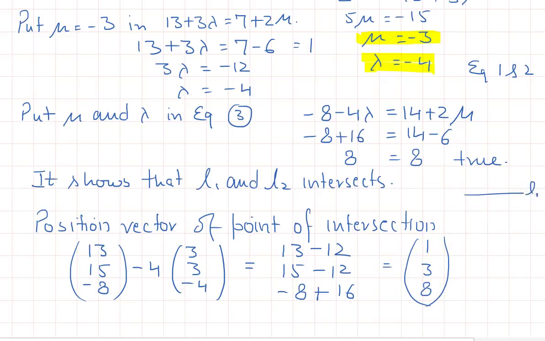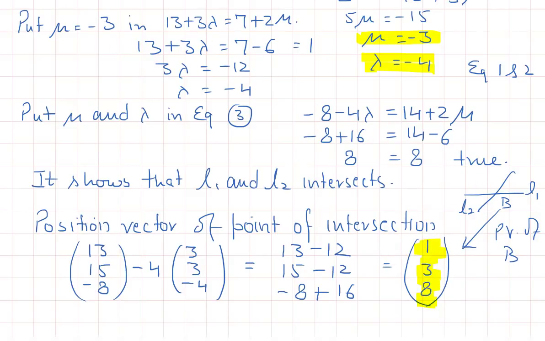So this is L1, this is L2, and this one is the position vector of point B. They are intersecting at B. So that is the answer of first part A.